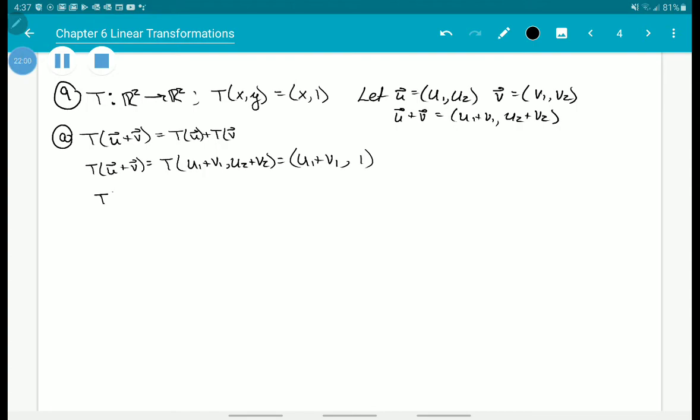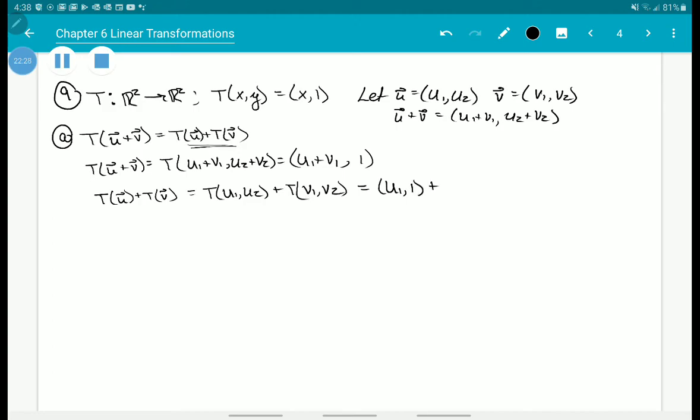So this one I'm going to approach a little differently. Now I'm going to look at that right side. If we were to apply the transformation separately, so T of u1, u2 would go to u1, 1.